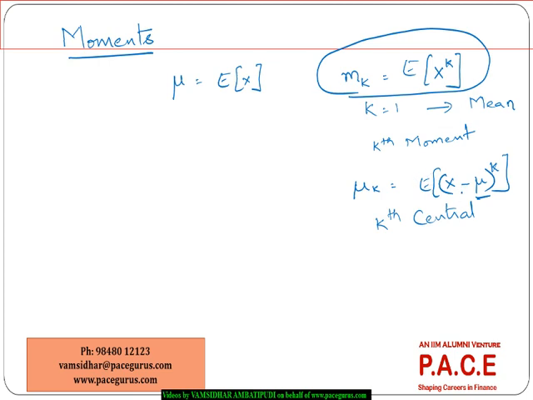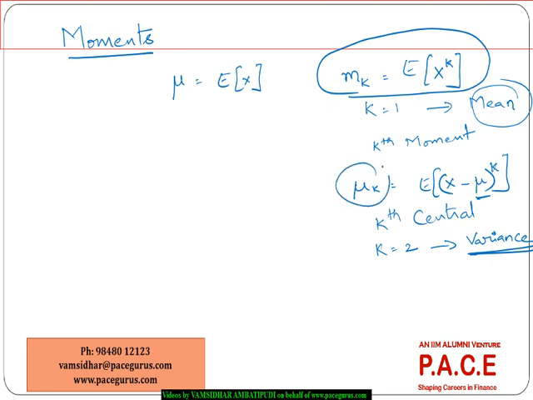When I say k equals 2, it is nothing but the variance. So we can call variance the second central moment, or second moment about the mean, whereas the mean is called the first moment. It's not a central moment, it's the first moment. The first moment of x is the mean and the second central moment of x is the variance.